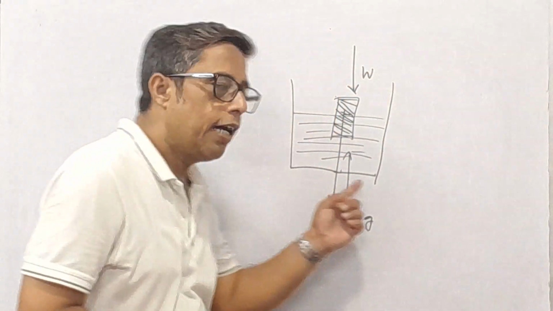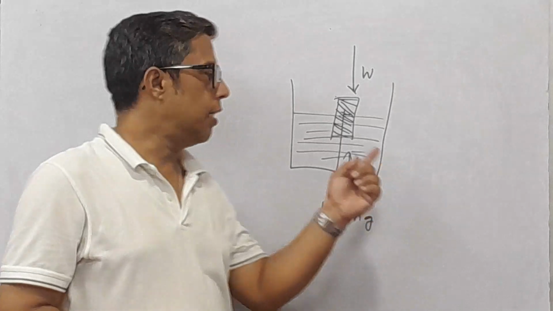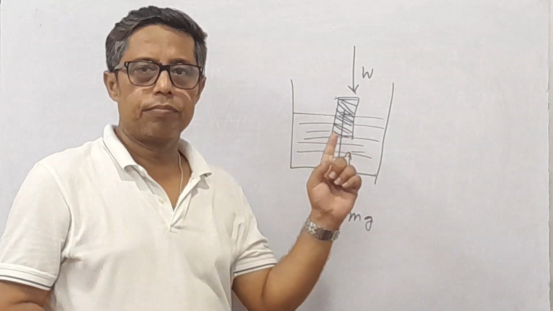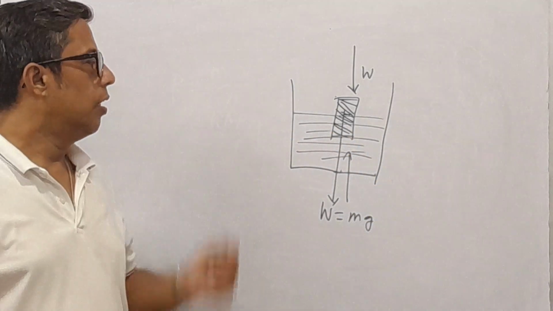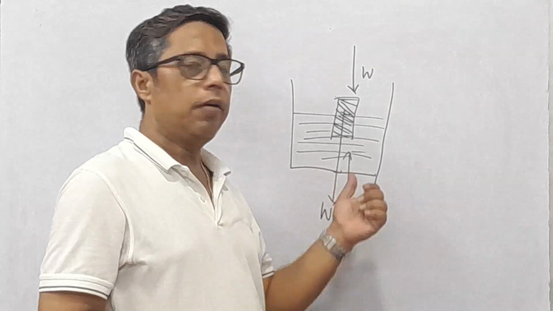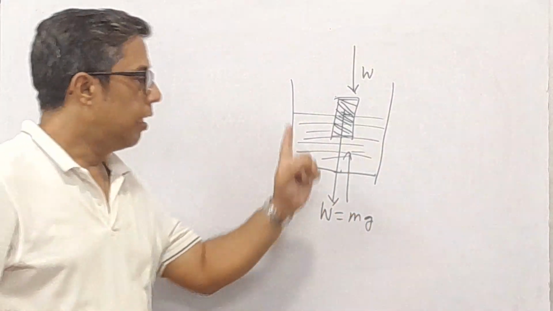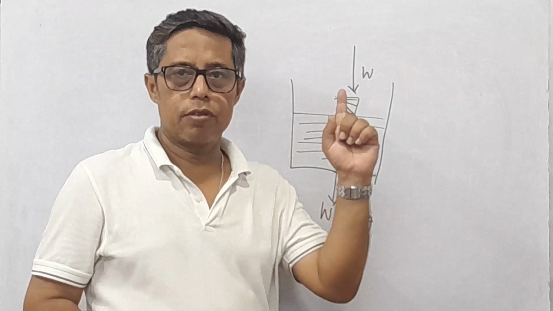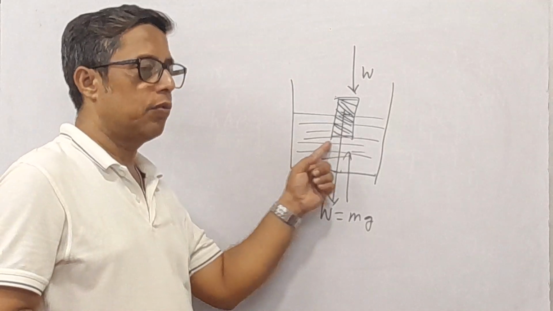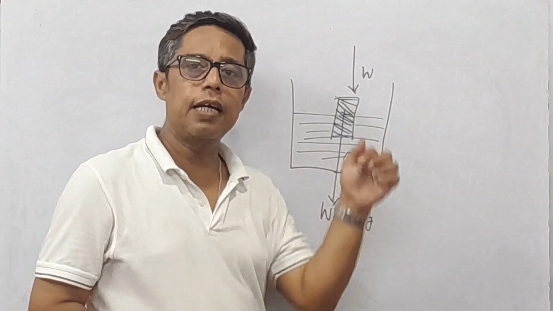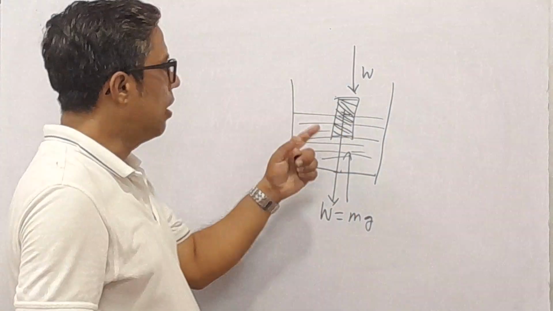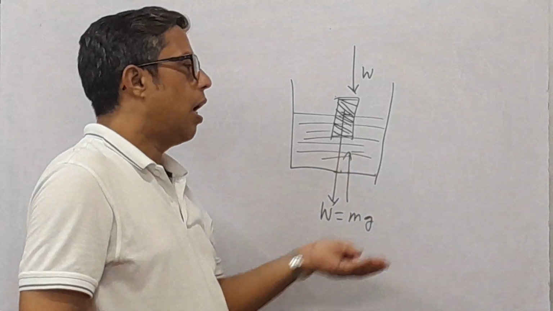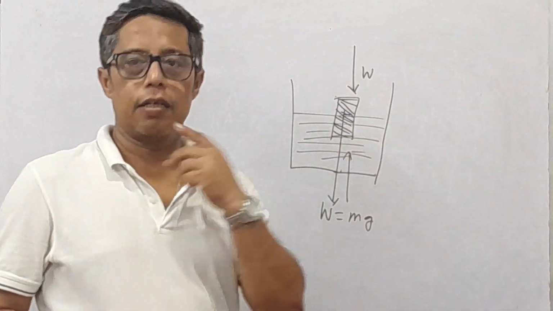Now, inside the liquid there is an upward pressure, and this was discovered by Archimedes: there is an upthrust force experienced by objects whenever they are fully or partially immersed in a liquid. They receive an upward force called upthrust.